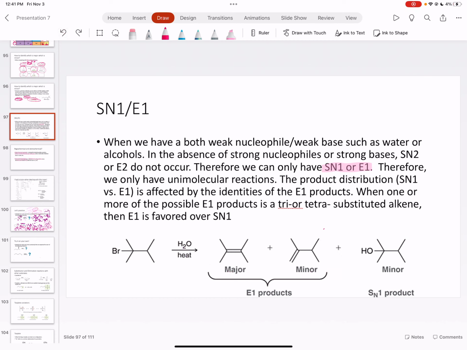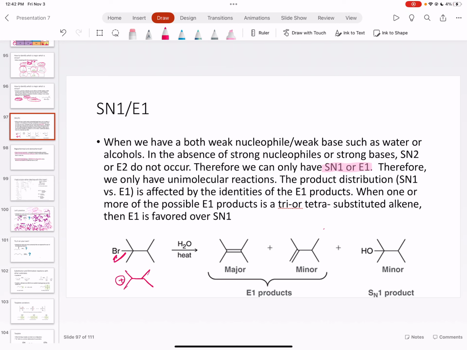So here it goes all the way back. Since we already identified that this one is going to be an SN1 and E1, we can just do our leaving group. We technically cannot do a methyl shift or a hydride shift, because if you look at it, we already have a tertiary, and we don't have a double bond next to it.